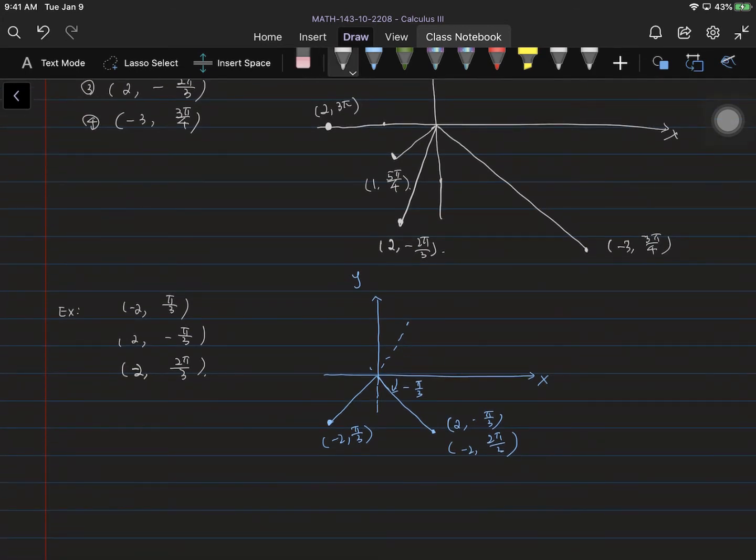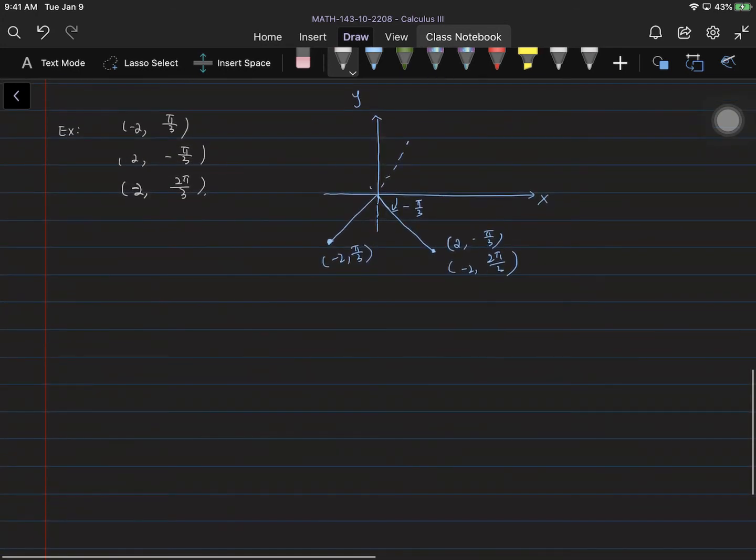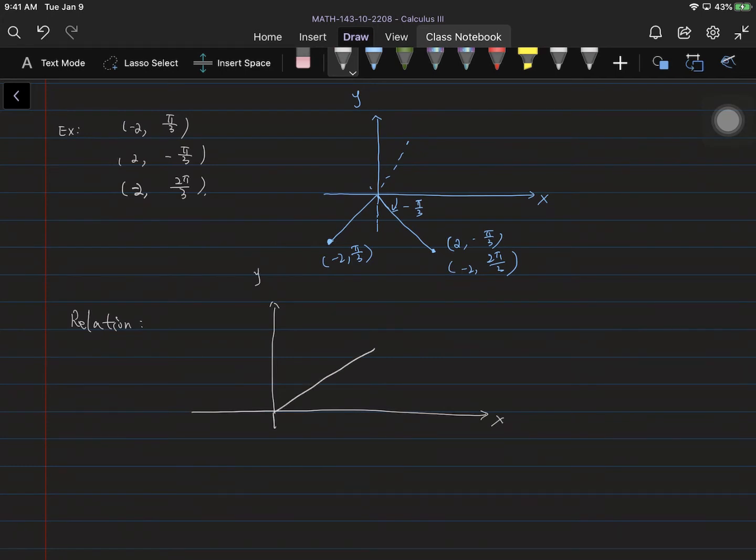Now let's take a look at the relationship between Cartesian and polar coordinates. Let's take a look at the graph. How do we get to the polar coordinate? Here is the point P, given by (r, θ) in polar, and the Cartesian is (x, y).